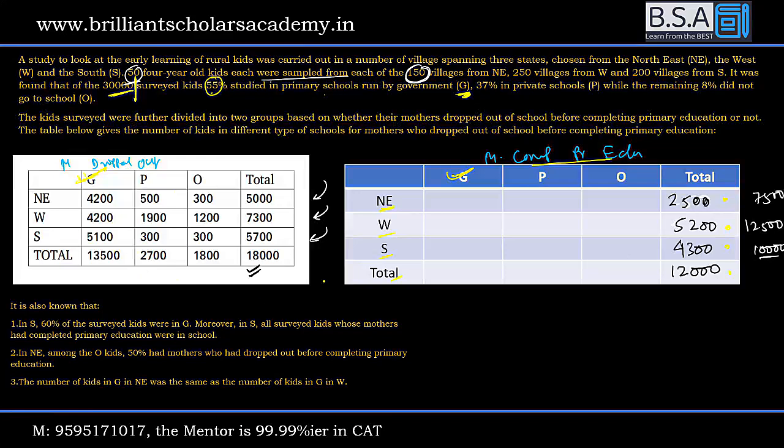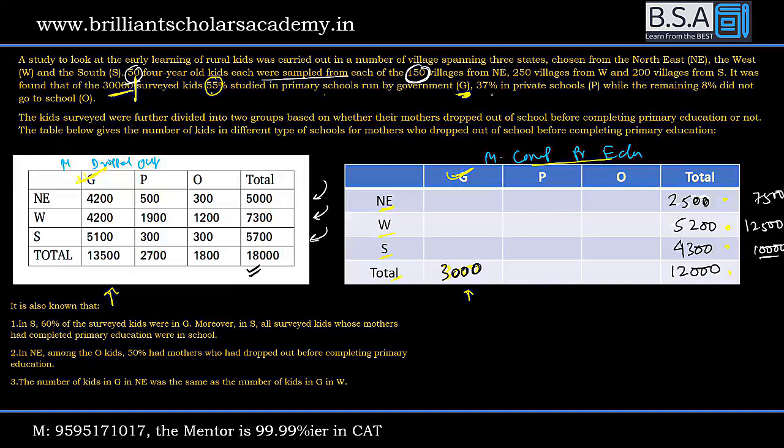This number and this number, government school, should be 16,500. So when I subtract, I should have here 3,000 children. I should have 3,000 people on the right side.